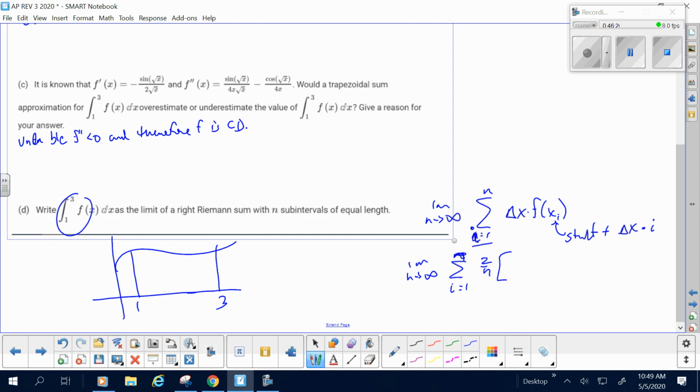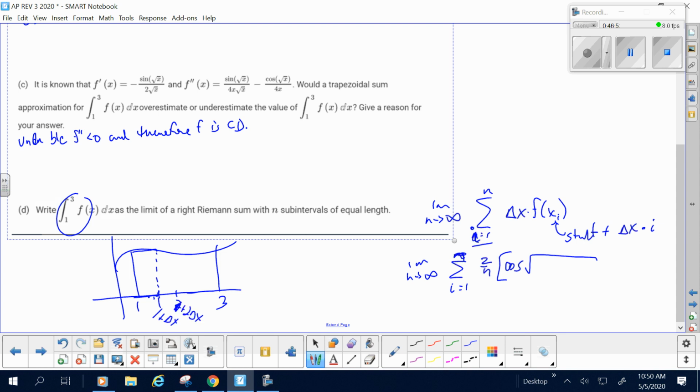The function, I didn't know whether you'd use f or the cosine, so they can't nail you for being too exact, so I'm going to say the cosine of the square root of, and then I'm going to be clear what x I'm marking at. So my first rectangle would be at 1 plus a single delta x, because I'm using right. The second would be 1 plus 2 delta x's.